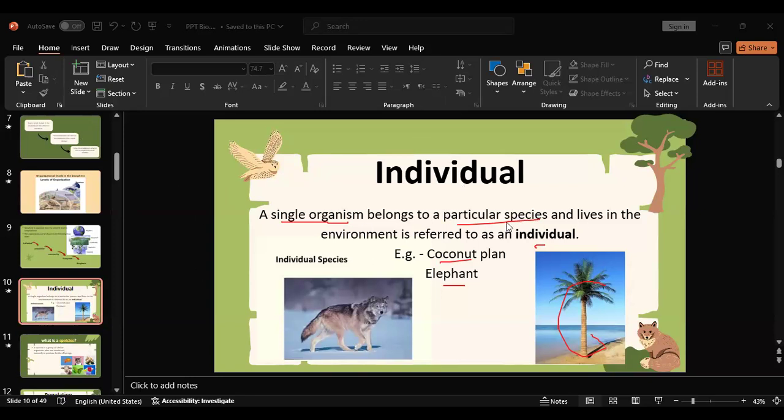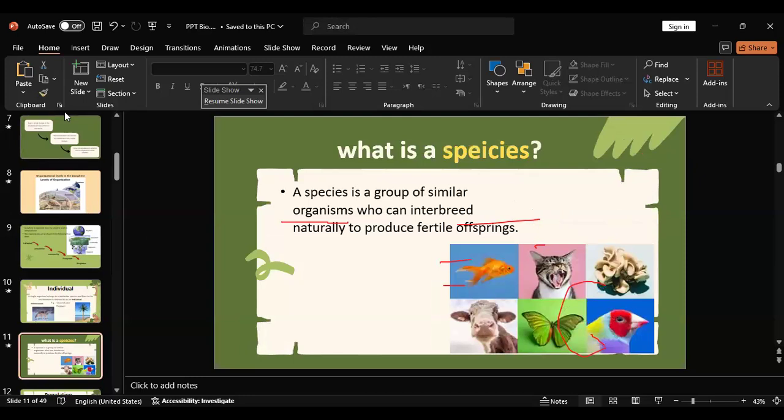Here you can see the word species. What is species? Species means a group of similar organisms. Underline the word similar. A group of similar organisms who can interbreed naturally to produce fertile offspring.